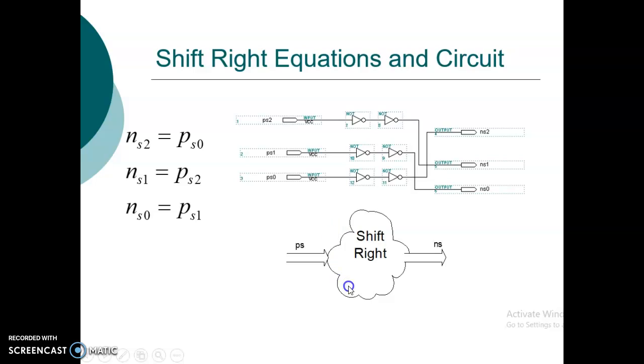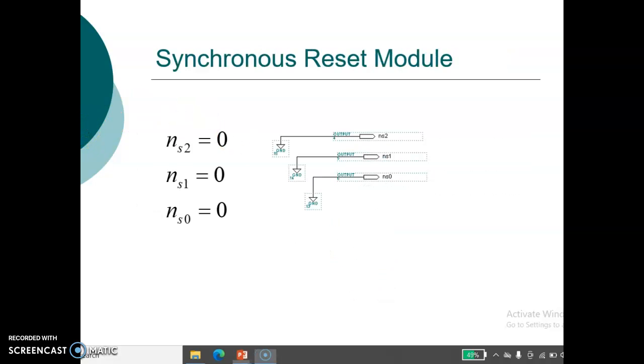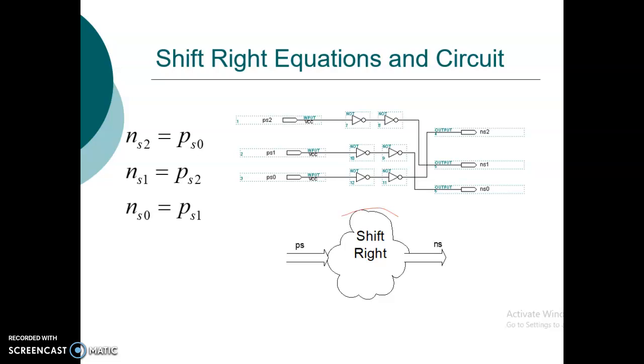In the shift right, PS shift right, PS is given here, NS next state, present state. This is the present state. Shift right, next state.